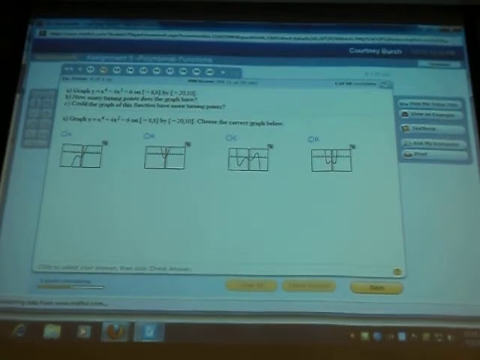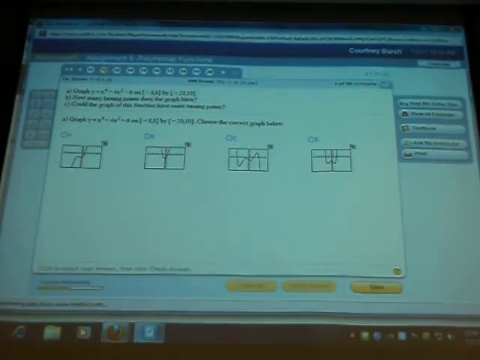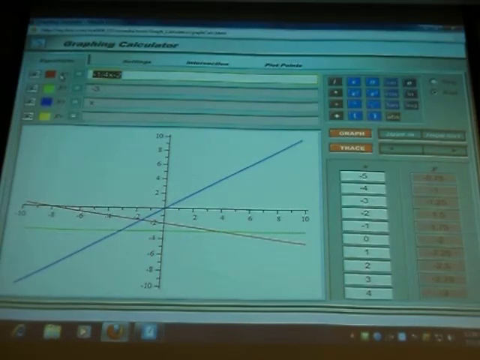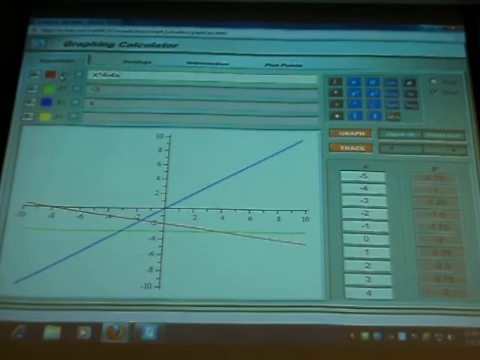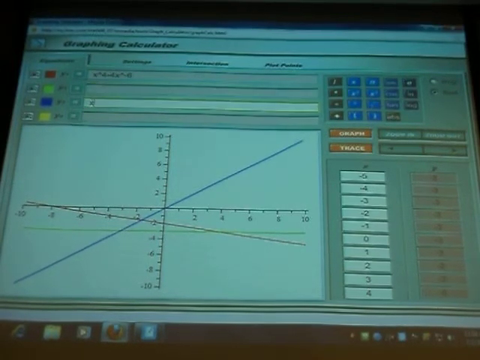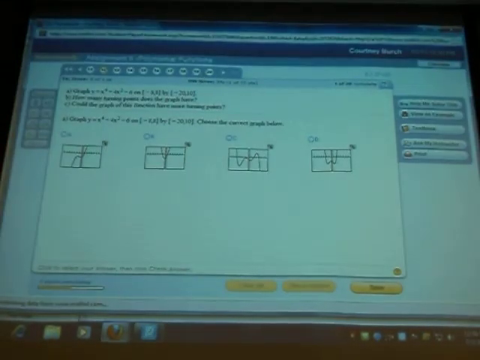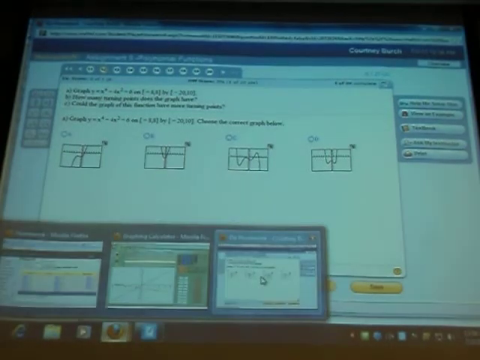But let's try it. X to the 4th minus 4x squared minus 6, I think is what it was. And then negative 8 to 8 by negative 20 to 10.